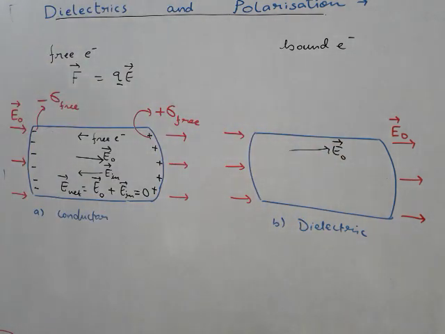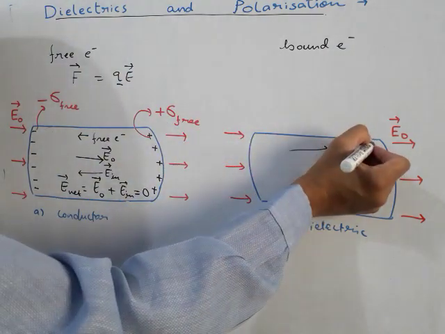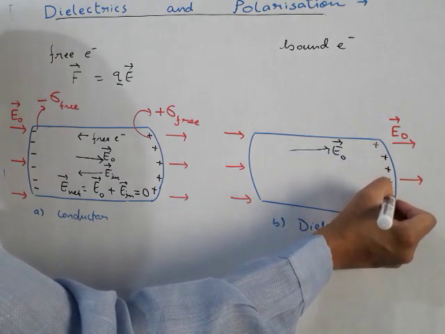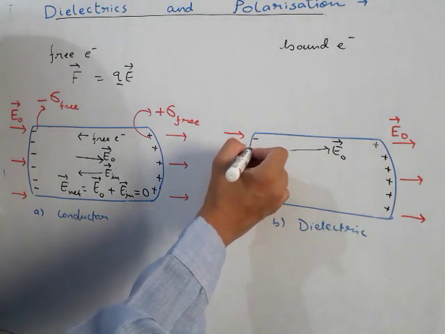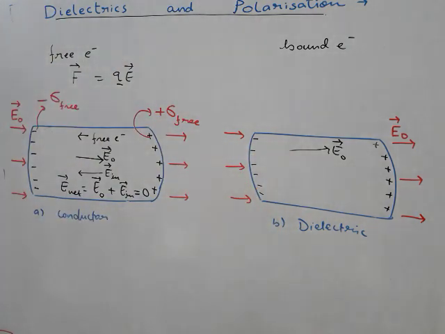We will see afterwards, it can be of two types, either polar molecules or non-polar molecules. The mechanism I will discuss afterwards, but due to some reason here also there will be development of positive charges at one end and negative charges at the other end. Why does this happen? Shortly I will discuss.